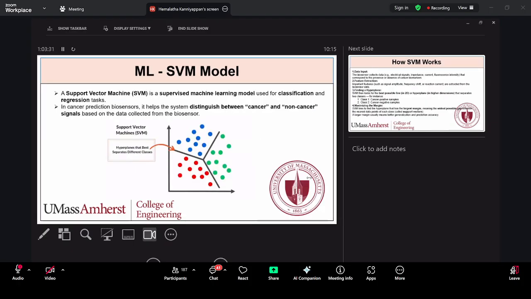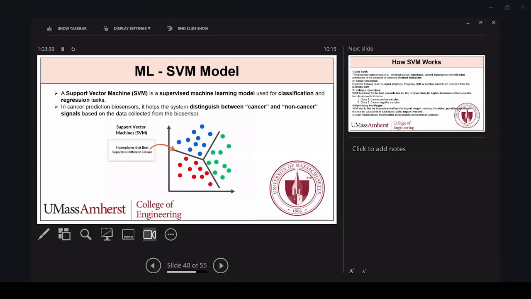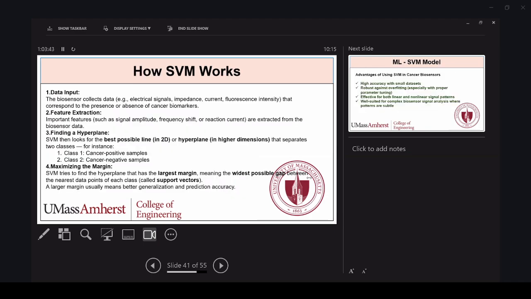So in our work, we used an SVM model, which is a supervised machine learning model used for classification, and it clearly distinguished cancer and non-cancer signals. How it works: we give data input, electrical signals, impedance, and fluorescent intensity, corresponding to the presence or absence of biomarkers.